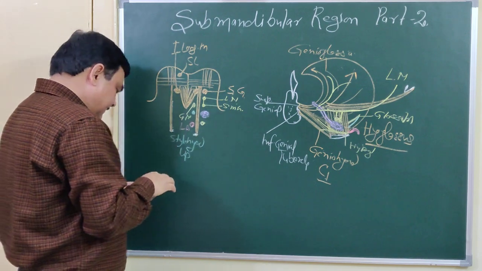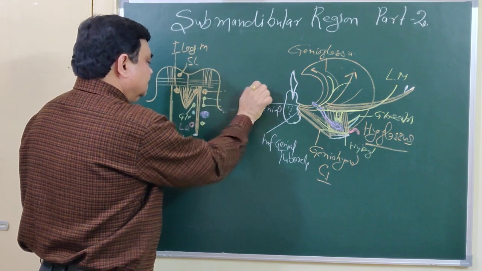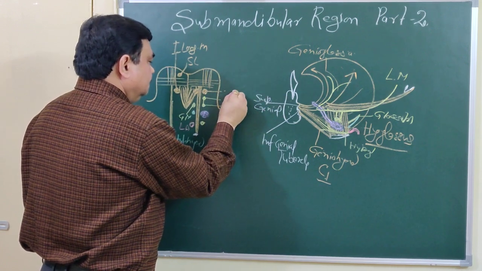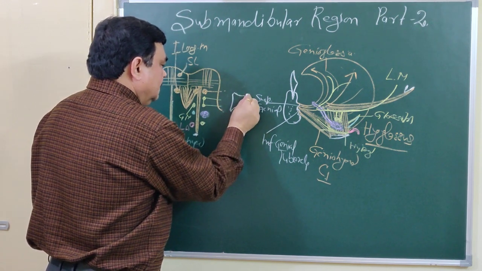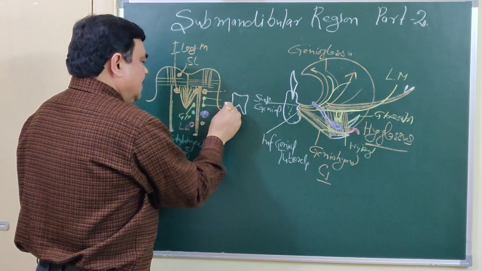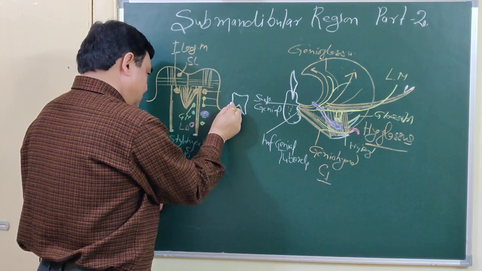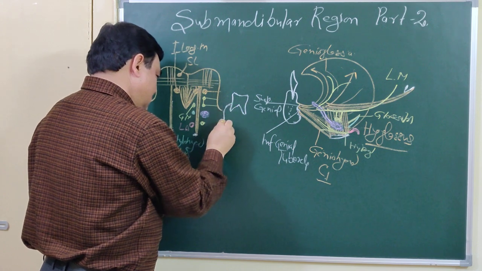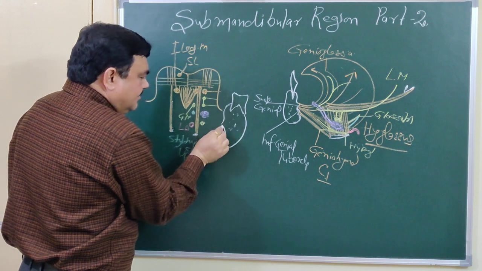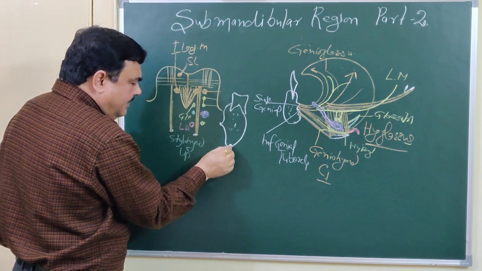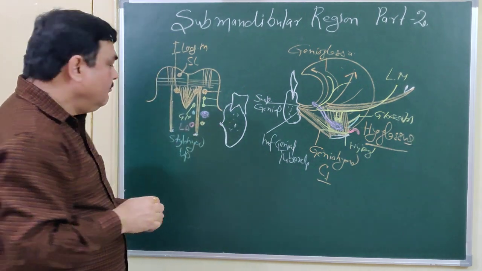And there are other structures also. Here is the mylohyoid line. This groove, or fossa, is the submandibular fossa.